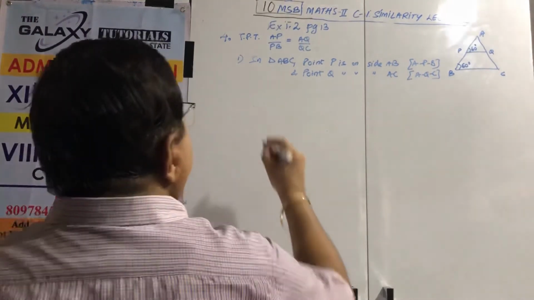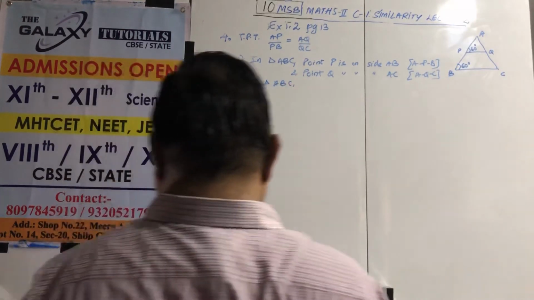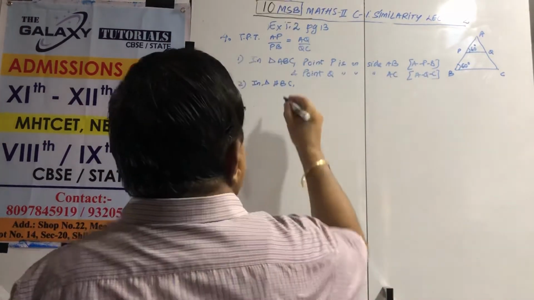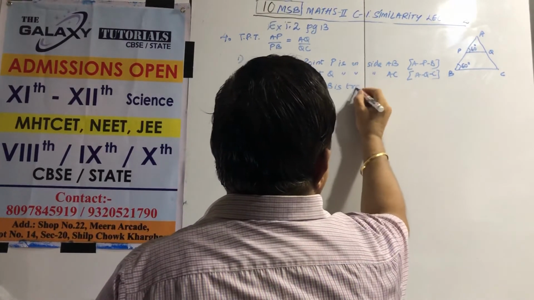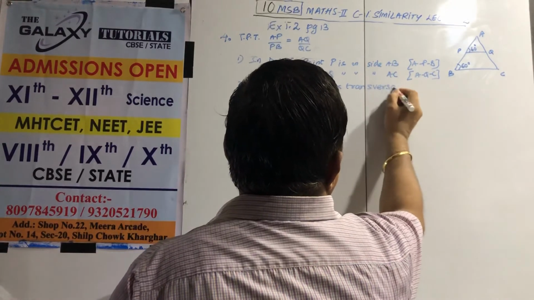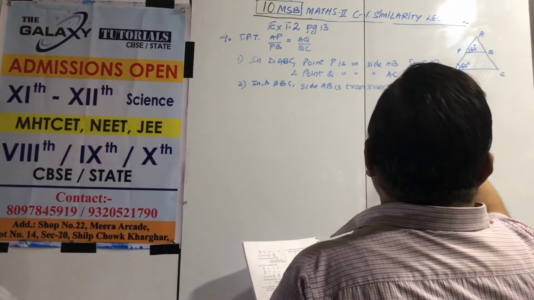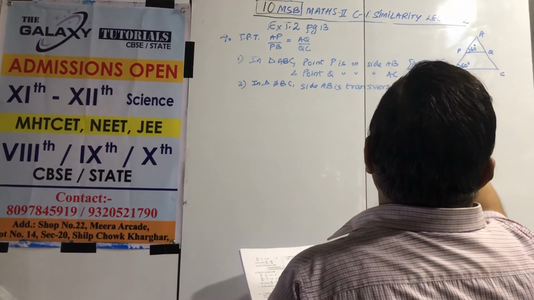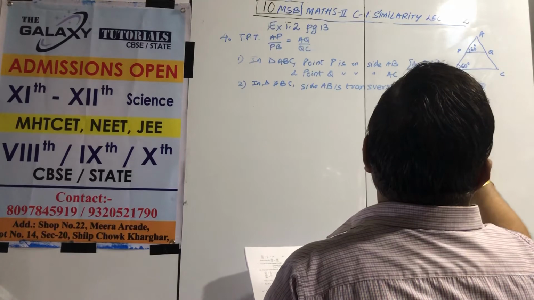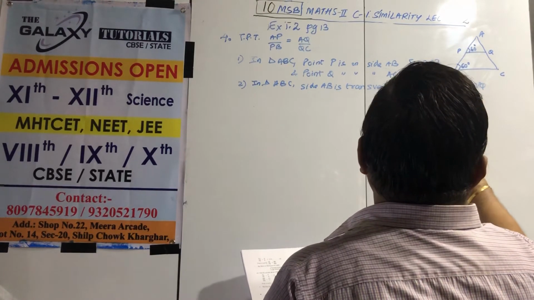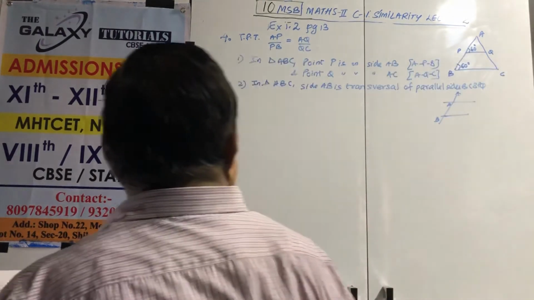Then in triangle ABC, side AB is a transversal of the sides BC and PQ. So I have it like this, B, P, A. This is how I see the figure.